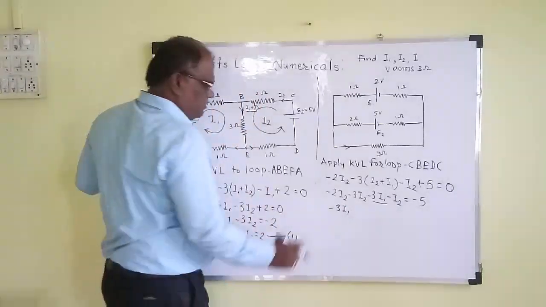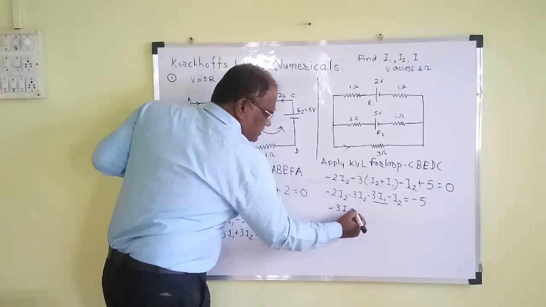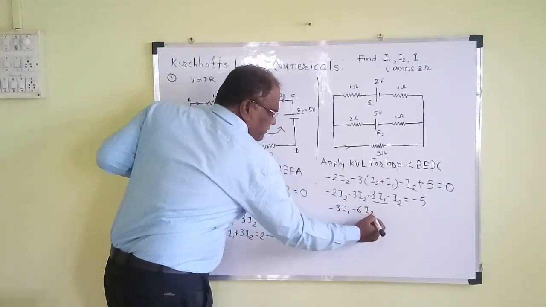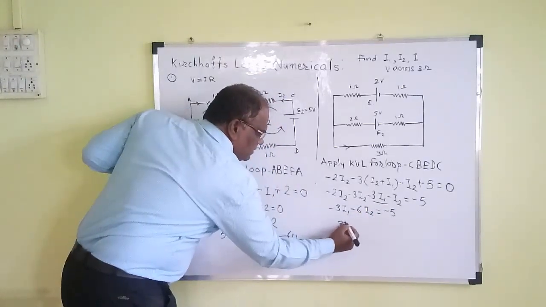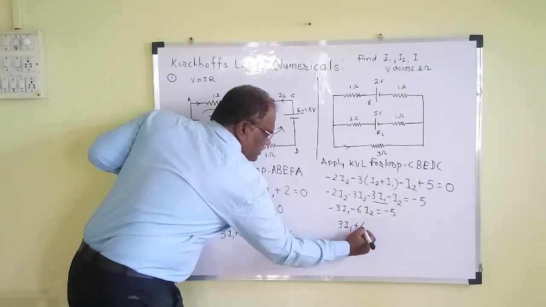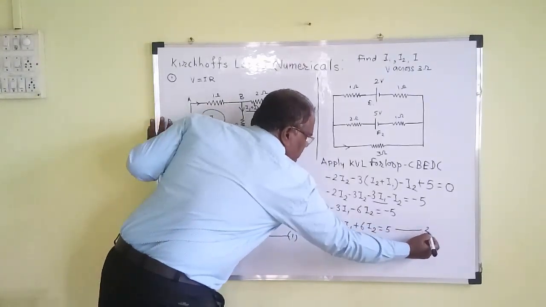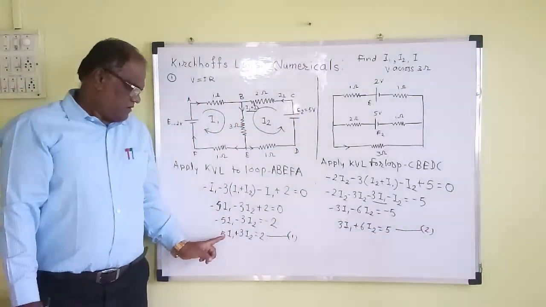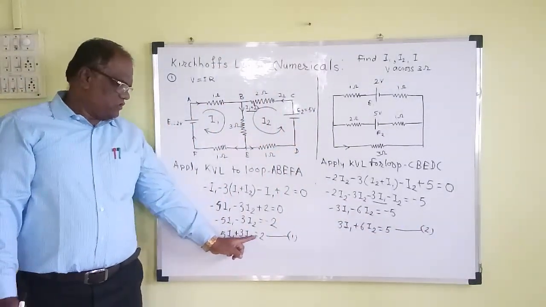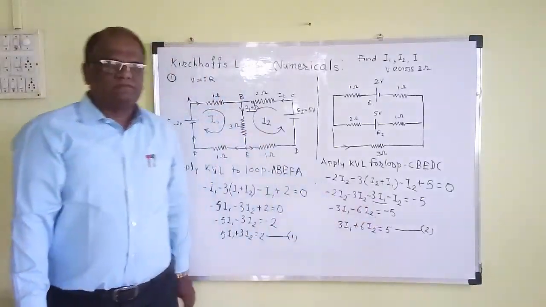Find the value of I2. 2, 3, 5 plus 1, like minus 6I2 is equal to minus 5. Thus 3I1 plus 6I2 is equal to 5. This is the second equation. 5I1 plus 3I2 is equal to 2. 3I1 plus 6I2 is equal to 5.